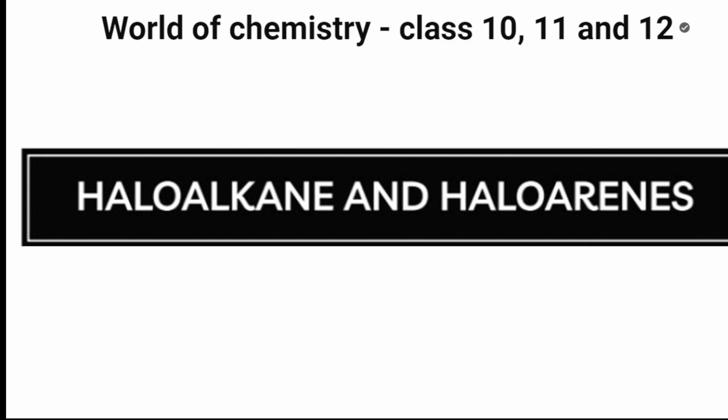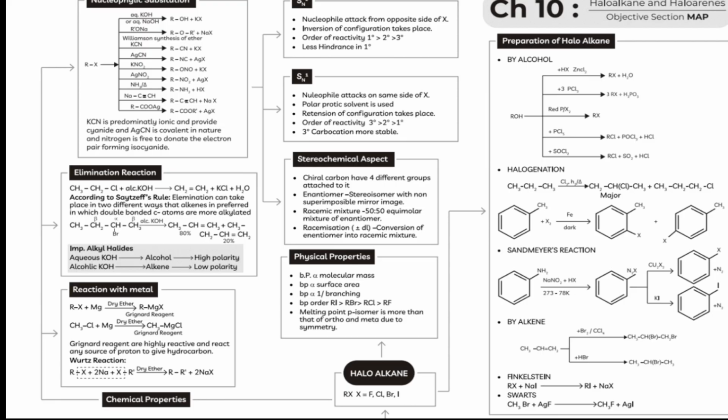I'm going to take up haloalkanes and haloarenes. I have piled up the whole chapter into a concept map. This is chapter 10. All the preparations in your NCERT are discussed clearly.